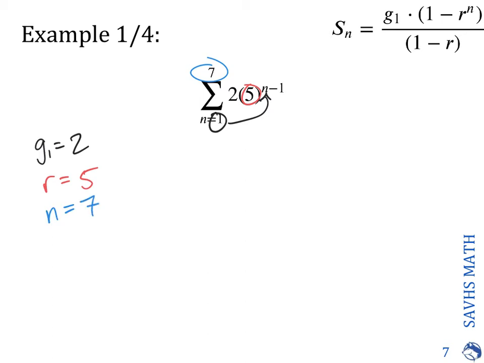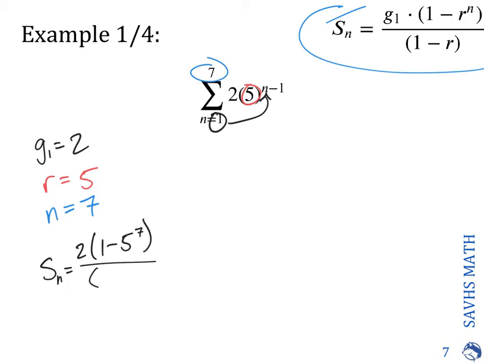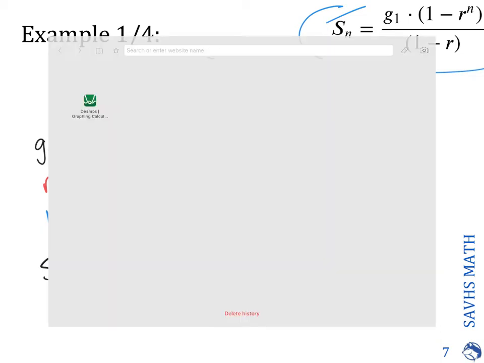So then let's use this formula. Let's rewrite the whole thing, and then we'll practice putting it into Desmos. So Sn equals 2 times 1 minus 5 to the 7th, all over 1 minus 5. Okay, so then I'm going to go to desmos.com/calculator.